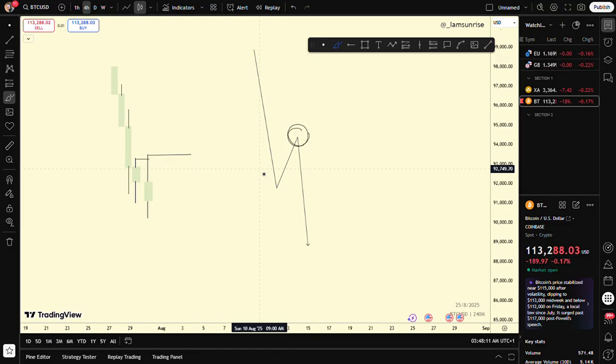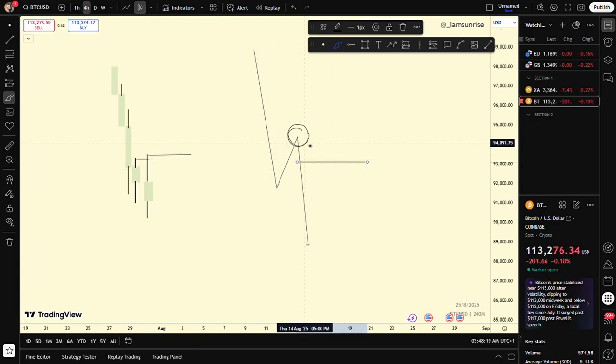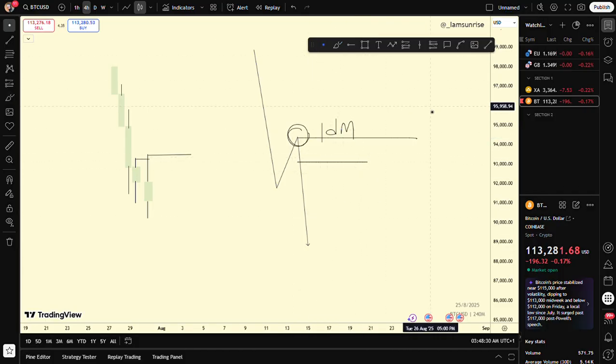That was how it was created. Now you want to get into a trade, and you are looking to buy from here without price taking out the inducement. You get stopped out.